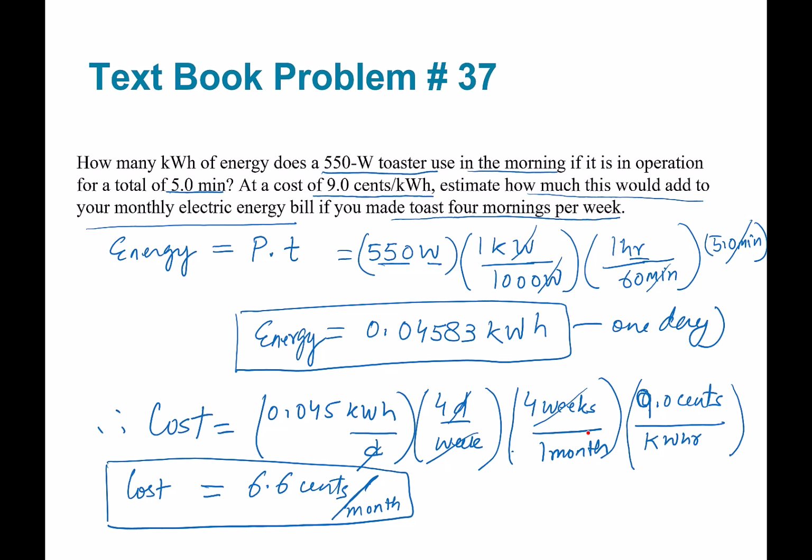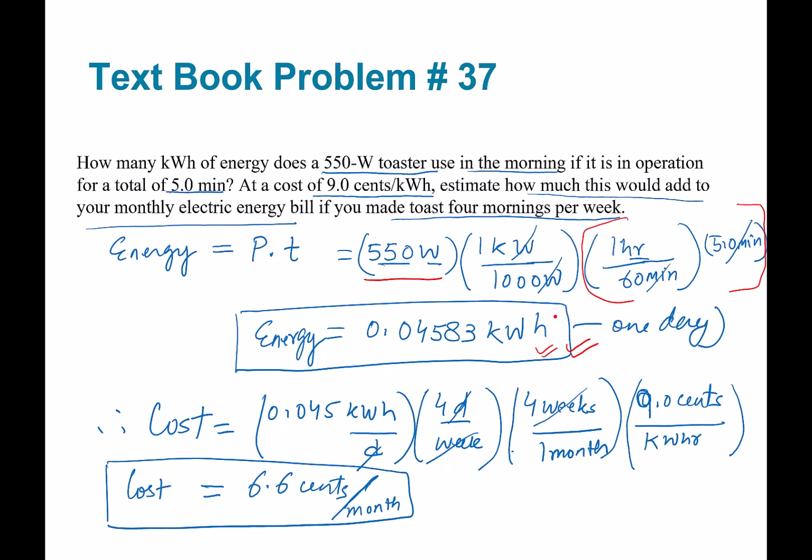So if you follow the steps, the electrical energy is the 550 watts power multiplied by time. This is the power, and we are converting it into kilowatts. Then this is the time, 5 minutes. So hour, minute, and minute goes away. So the energy consumed each day to use this toaster for 5 minutes is given by this.